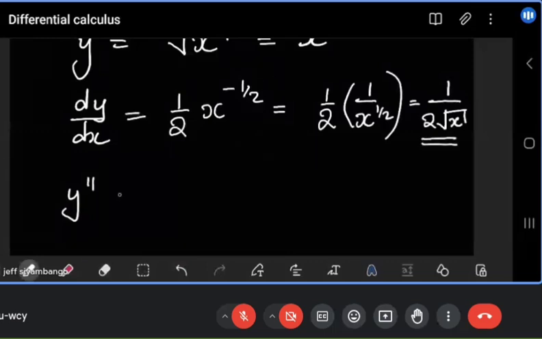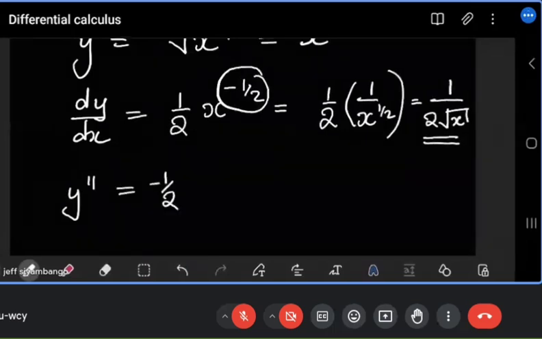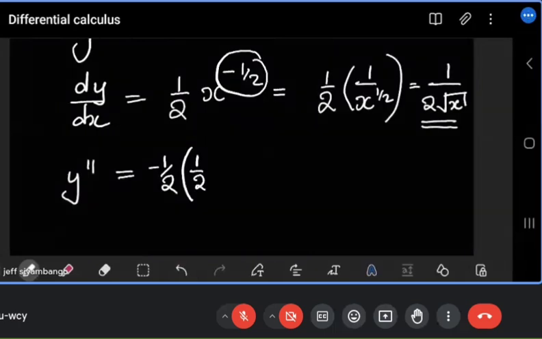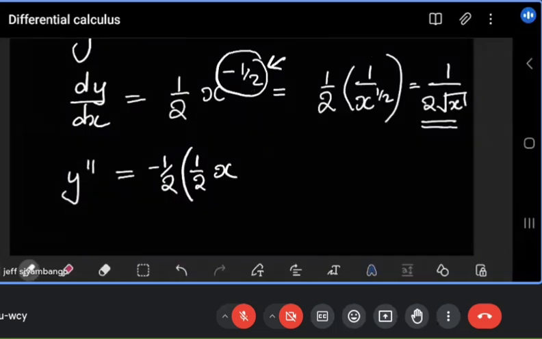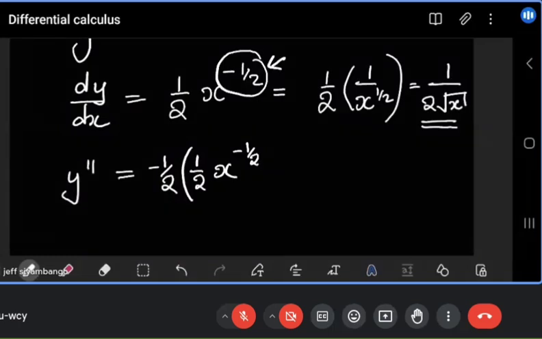So in differentiating, what I'm doing, power multiplies down, so that power is negative half. But what is it multiplying? Already you still had the half which was down here, and then you have the x here. Then what happens? The power reduces by 1. So you had negative half, now you need to reduce it by 1.